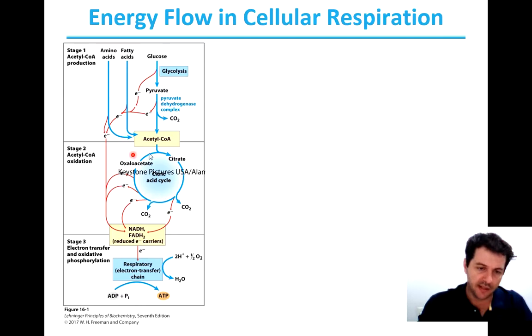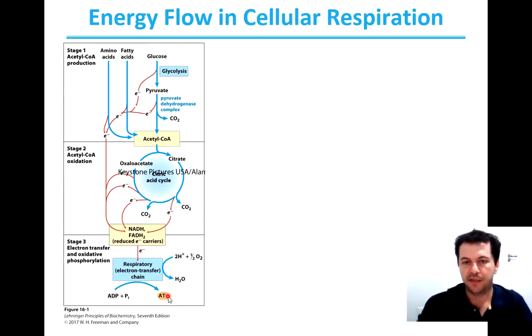The TCA cycle is providing electrons in the form of NADH and FADH2, which are going to be used in the oxidative phosphorylation step. This is used to create a proton gradient, as we saw in photosynthesis, and then we have ATP synthesis.